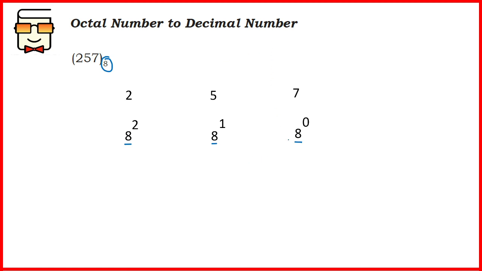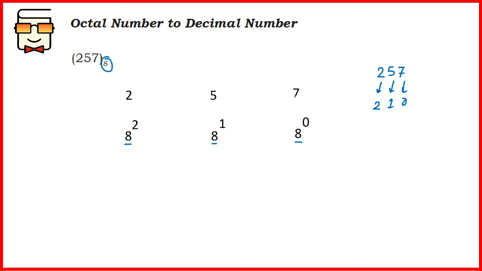Then you raise each of these base values to the power of the position at which the number is lying. So if it is 257, the position of 7 is 0, the position of 5 is 1, and the position of 2 is 2. So we have raised the base value to the powers correspondingly.